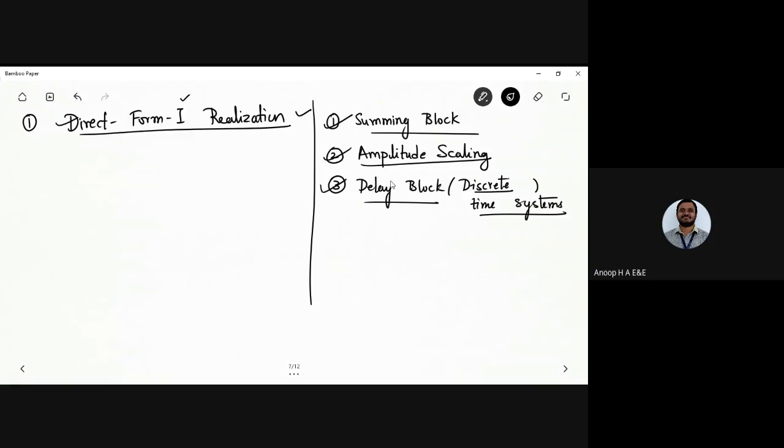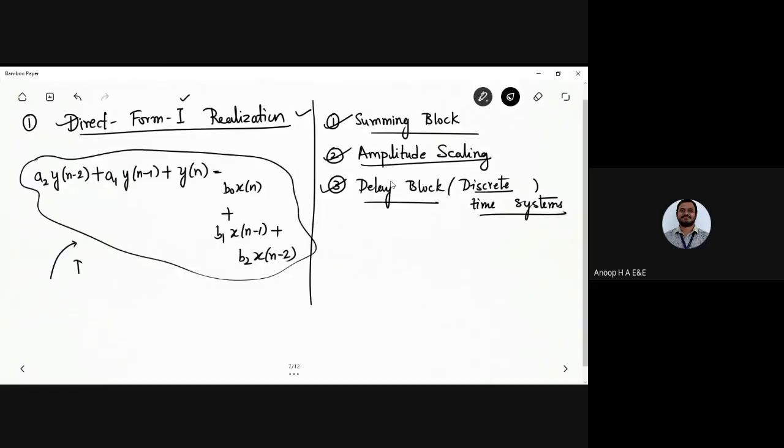So let me write down a discrete system right now. A discrete system goes like this: y of n plus a1 y of n minus 1 plus a2 y of n minus 2 equals b naught x of n plus b1 x of n minus 1 plus b2 x of n minus 2.